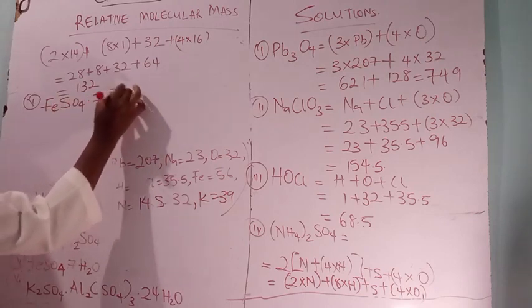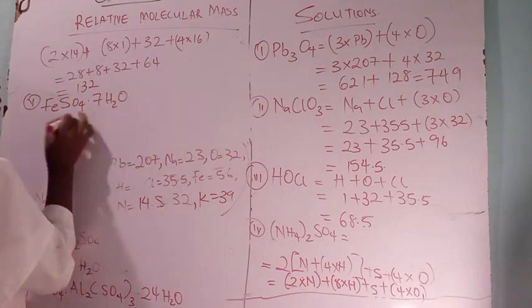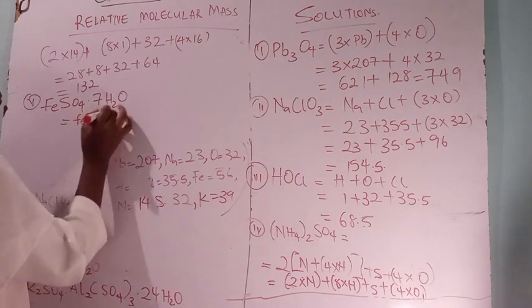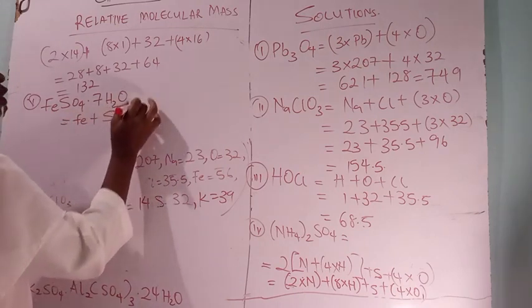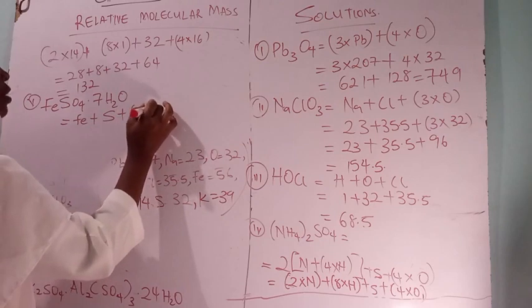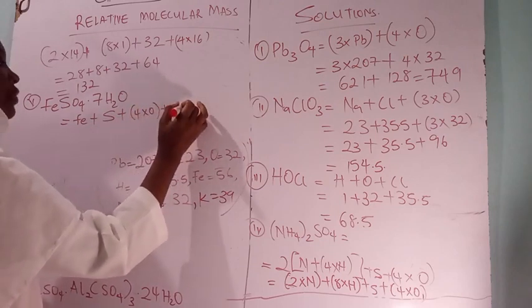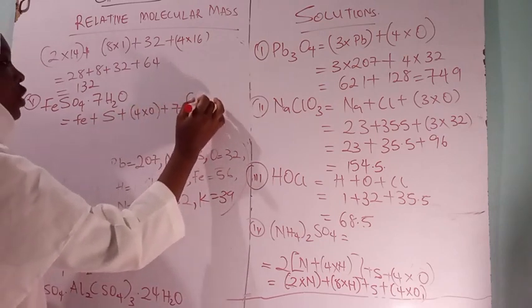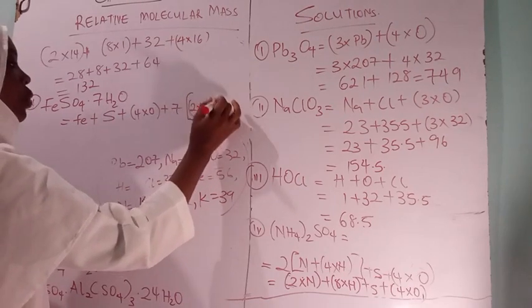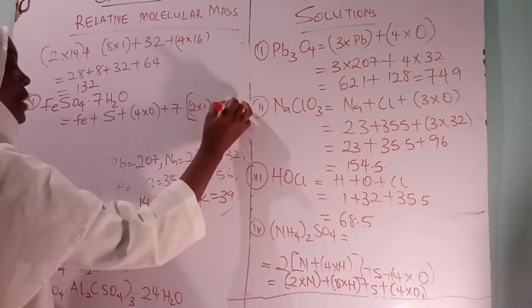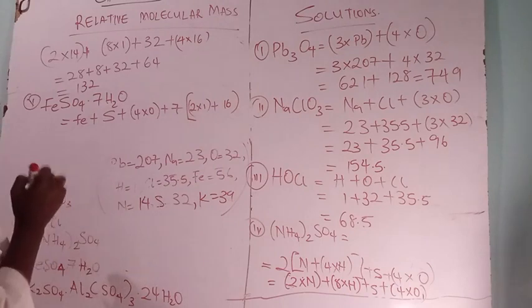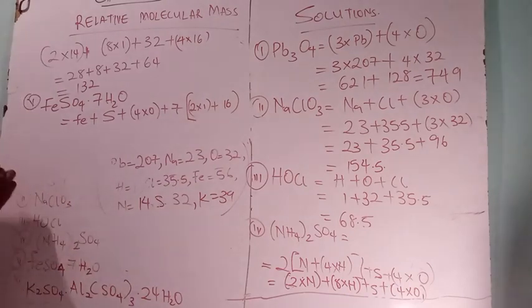From this, we have iron plus sulfur plus 4 times oxygen plus 7 into bracket 2 times 1 plus oxygen is what? 16. Isn't it?